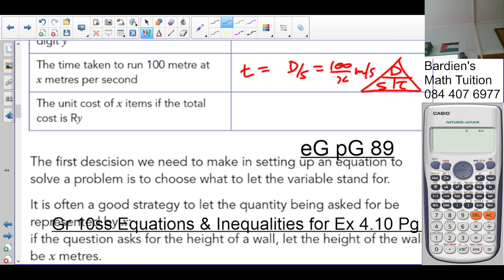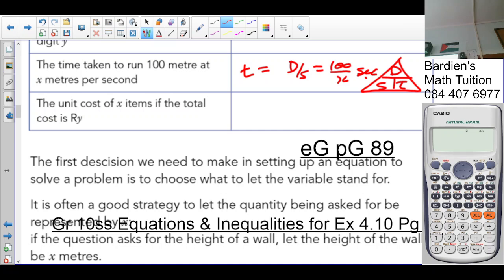Or that could have been written as 100 times x to the minus 1. I just wrote seconds. Yes, it should only be seconds. So it's x meters per second, so that is the seconds.